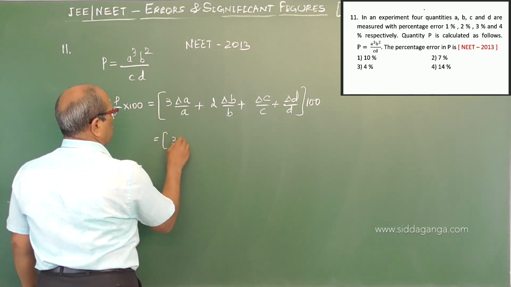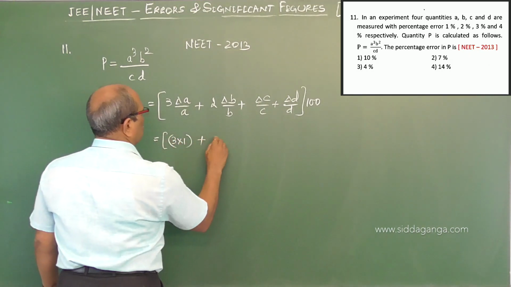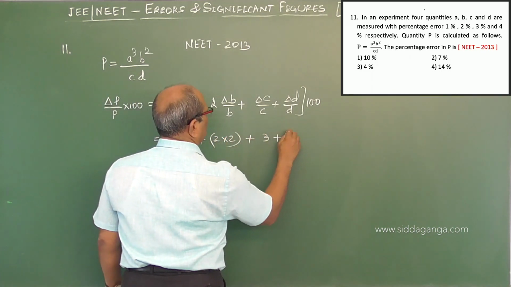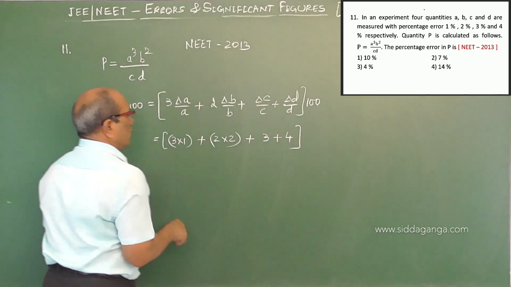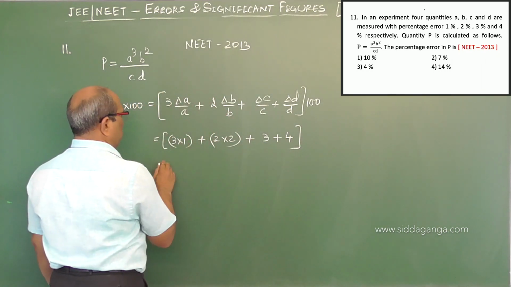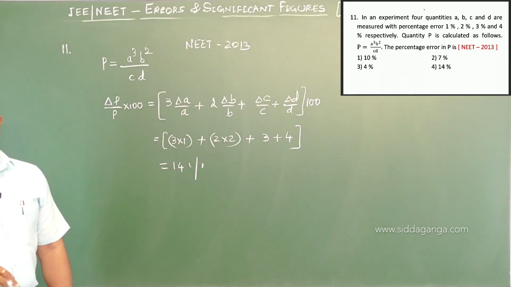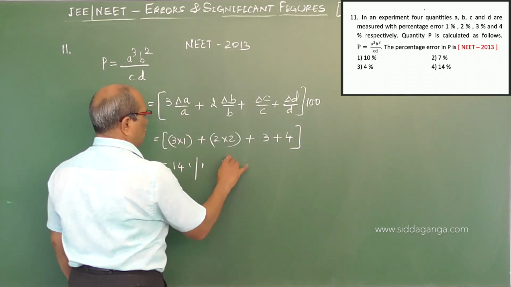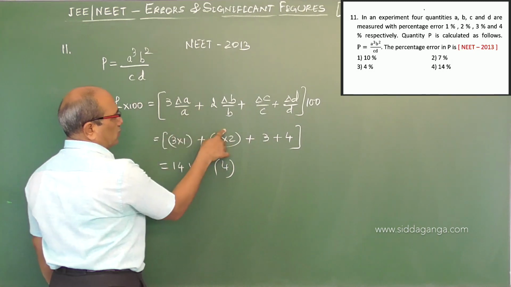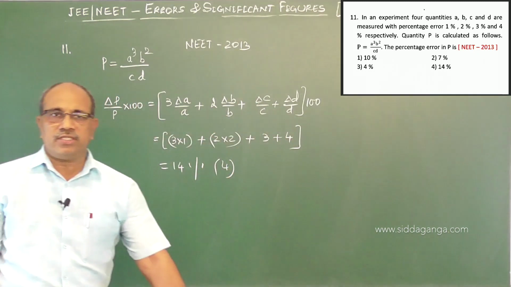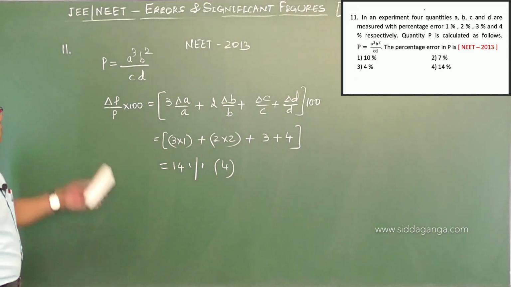Therefore, 3 into 1 plus 2 into 2 plus 3 plus 4. That is 3 plus 4 is 7, 7 plus 3 is 10, 10 plus 4 is 14%. The maximum you can get is 14%, so option number 4 is the right one. Come to the next one.